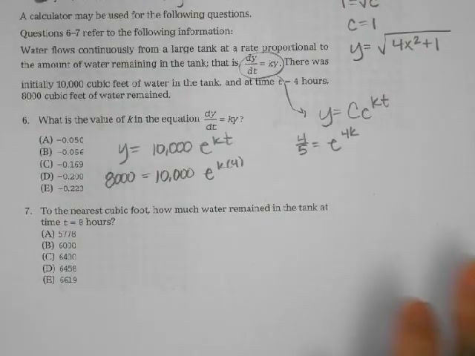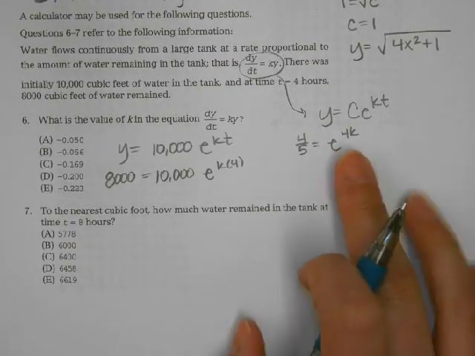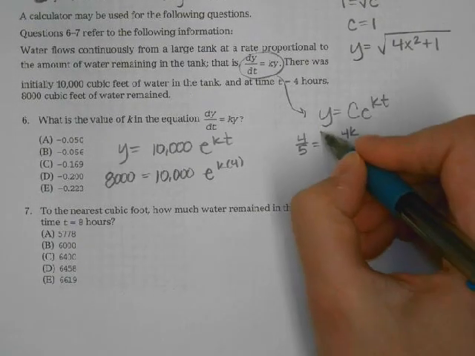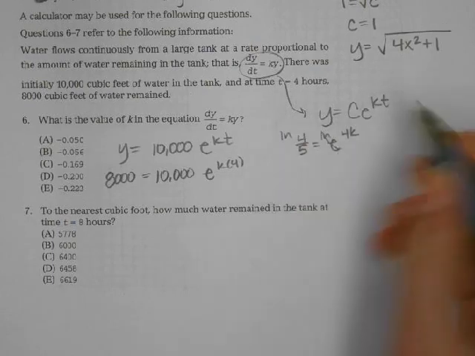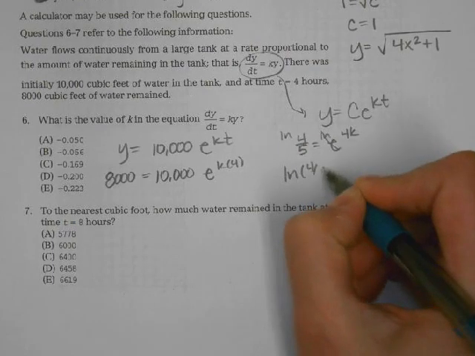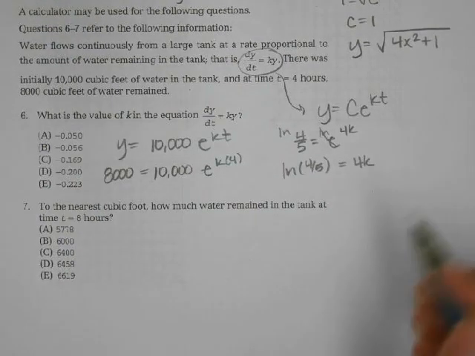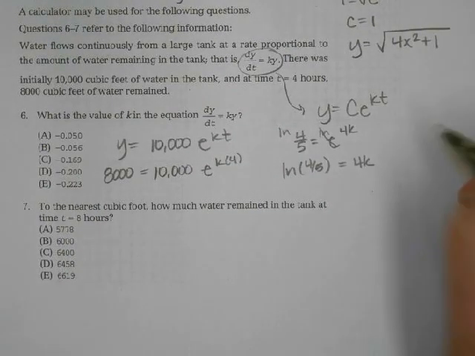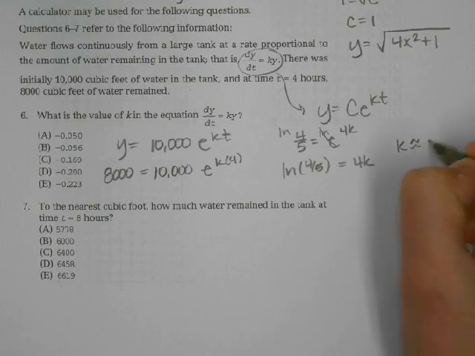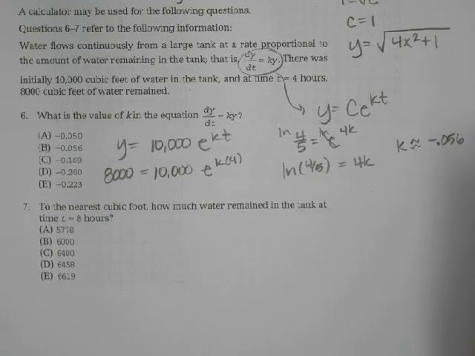And then to get to the k, I knew that I need to get rid of the e, so I took the ln of each side. So ln of 4/5 equals 4k. And then I went ahead and divided by 4. And so I got k was approximately negative 0.056.